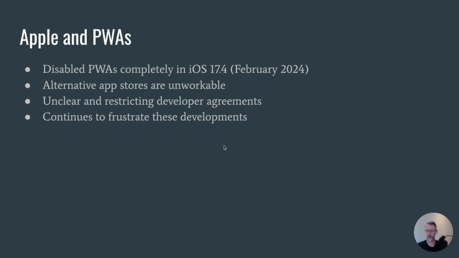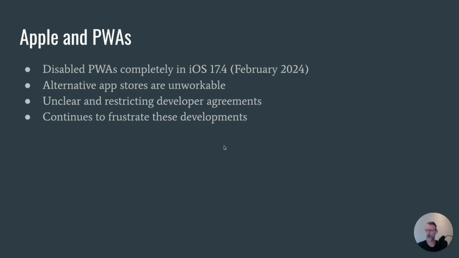Right now there is only one alternative app store from Epic Games. After a lot of trouble, they were allegedly able to launch an app store. I've also read and followed quite some research on how to implement an alternative app store on iOS, and I can say that from the research, it seems that this is unworkable. There are still a lot of bugs and missing features, unclear stuff on iOS.